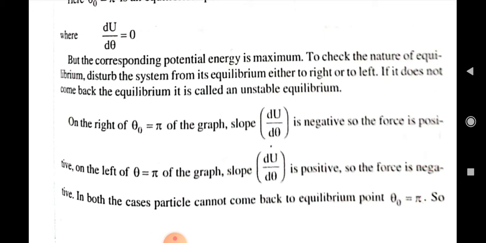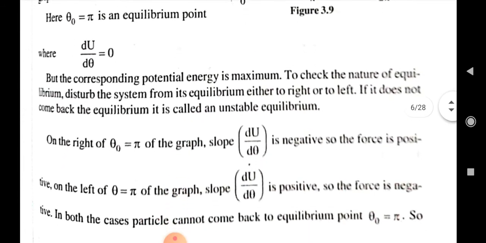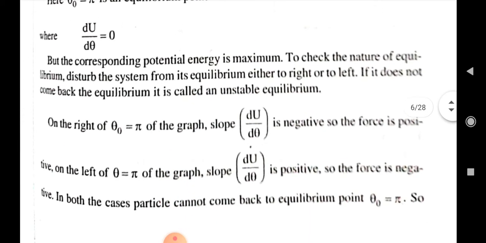On the right hand side, du by d theta, that is the slope, is negative. Slope is negative means force is positive, so it never comes back to its equilibrium point.